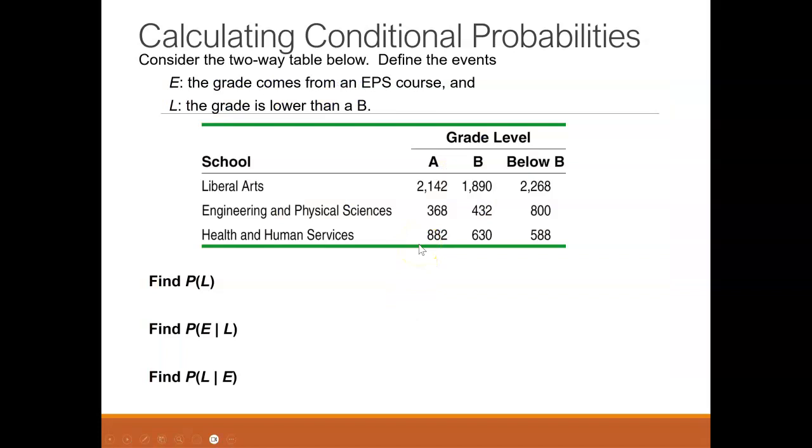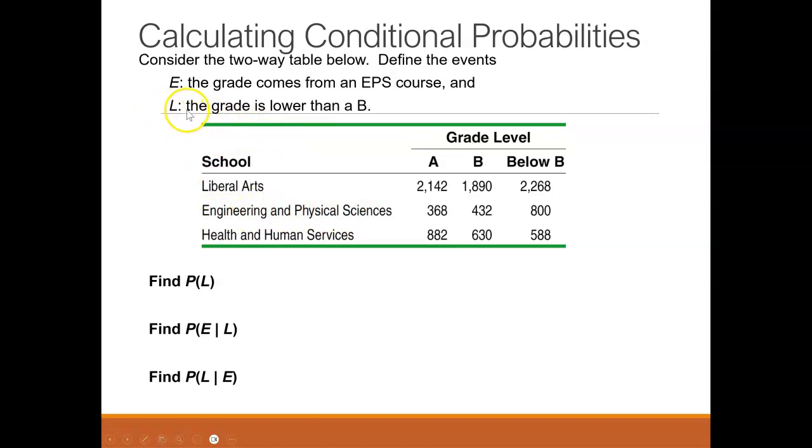So let's look at an example here. We have a two-way table. E represents the grade comes from an EPS score, that's engineering and physical science.